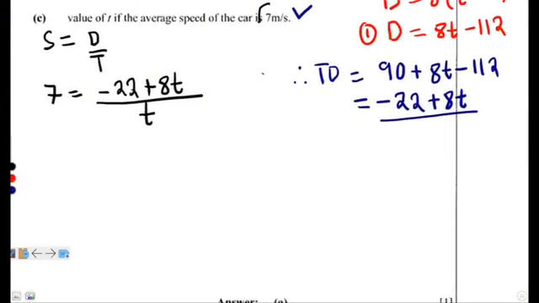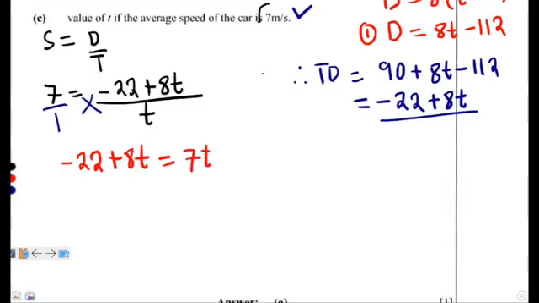So apart from that, we can now proceed with our calculations. We divide the 7 by 1, then we cross multiply. So we get 1 times negative 22 plus 8t, which gives negative 22 plus 8t equal to 7 times t, which is 7t.